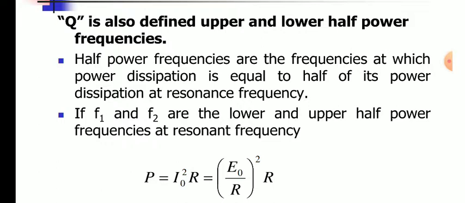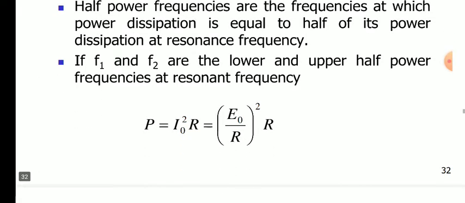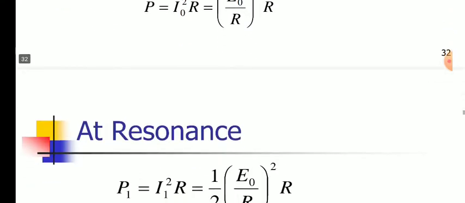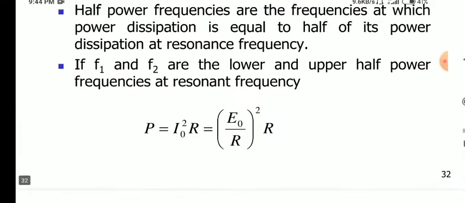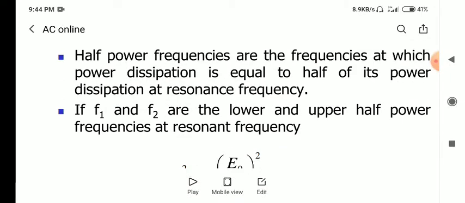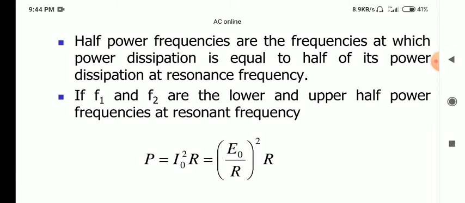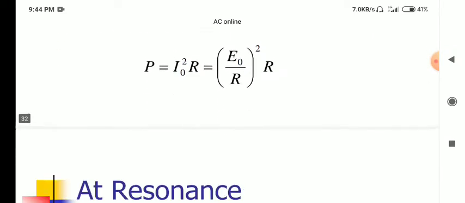If F1 and F2 are the lower and upper half power frequencies, then the total power dissipated at resonance, which we call P, is equal to I naught squared into R, where I naught is the maximum current, that is I squared R power loss, where I naught is equal to E naught by R. On simplification, we get P equal to (E naught by R) whole squared into R.